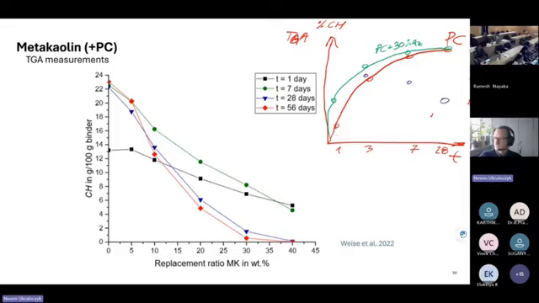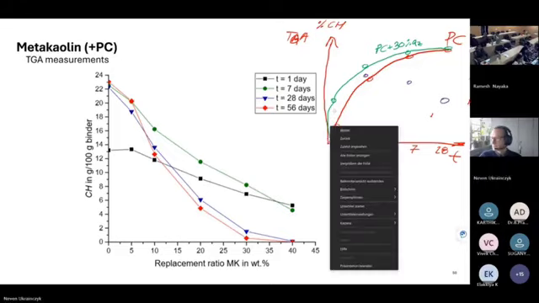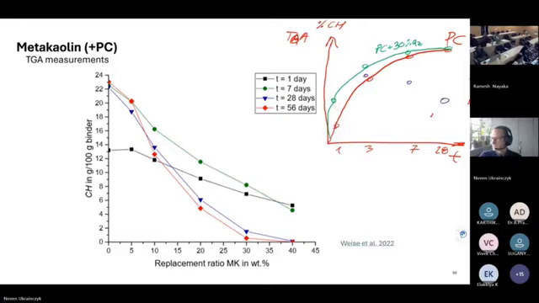Metakaolinite reacts fast. So this is our Portland cement plus 30% metakaolinite. So we see our primary formation of portlandite and then consumption of portlandite. So this is then this difference here.